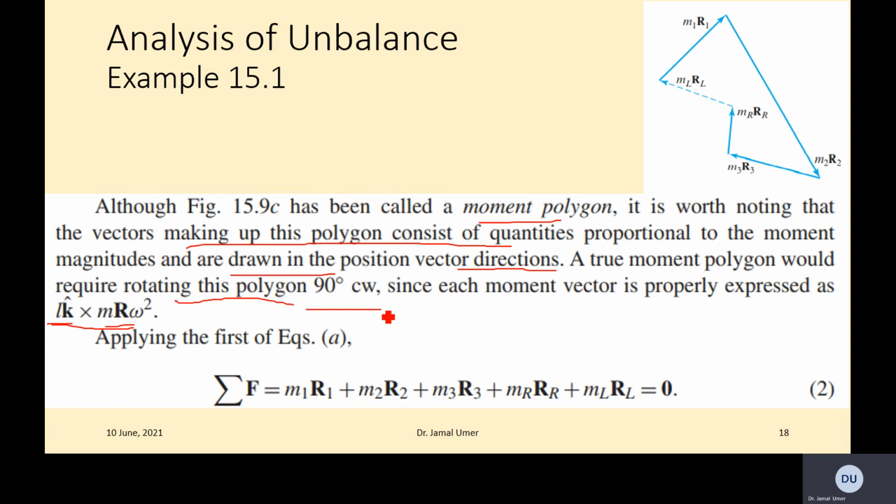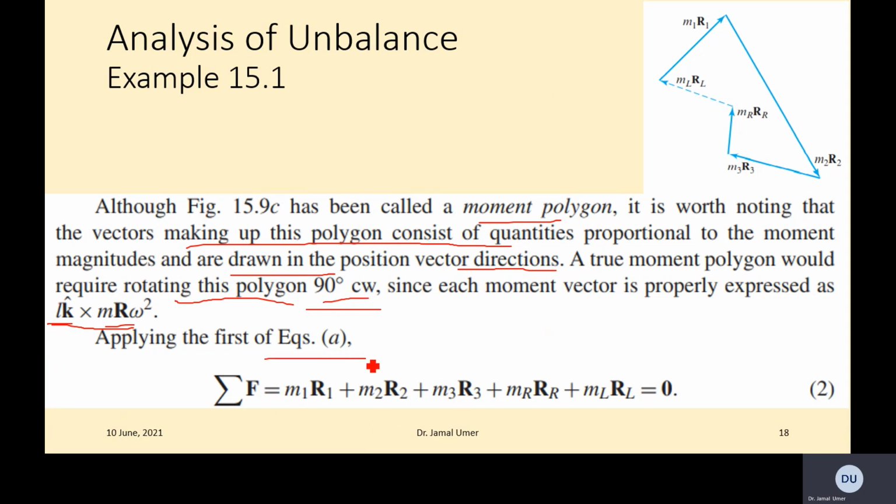But because this is not changing anything, we might not need to do that, which will be very clear in the next problems as well. So since each moment vector is properly expressed like this, it's at 90 degrees. So we need to be very careful when drawing the moment diagram. We call it a moment polygon, but actually it needs to be rotated 90 degrees.